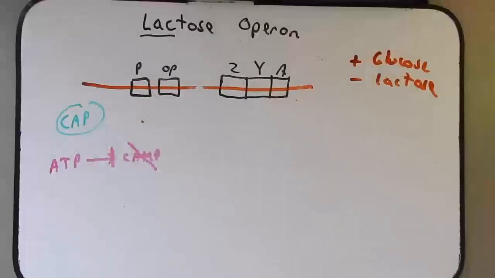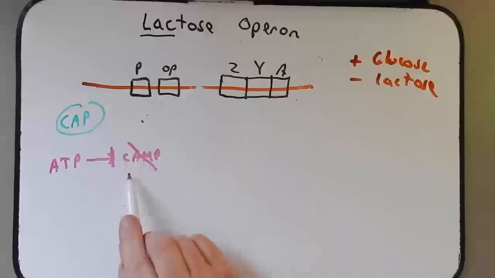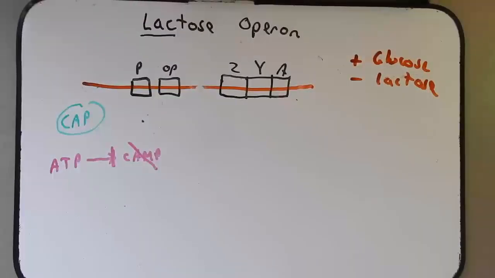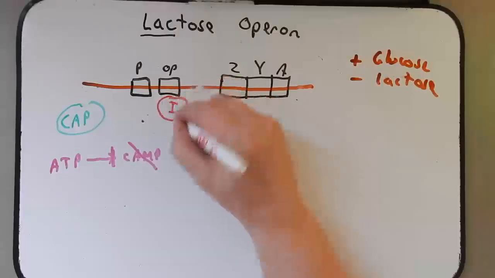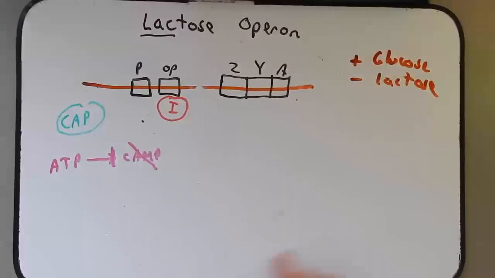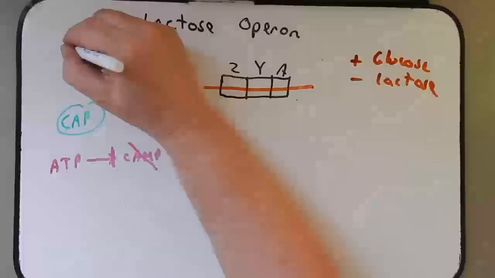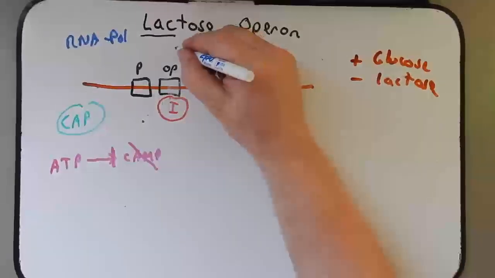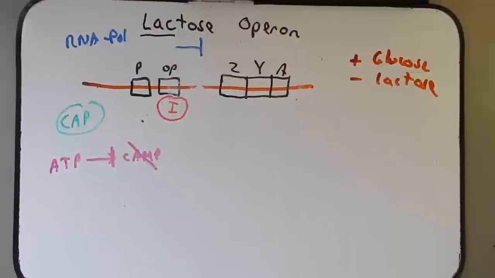So CAP will not bind to the promoter because it doesn't have the inducer bound to it to activate it. In addition, the Lac-I repressor is bound to the operator because there's no lactose in the cell to pull it off from the operator. And as a result, RNA polymerase is just hanging out here. It cannot transcribe these genes, so this system is effectively off. And so you don't make these proteins.